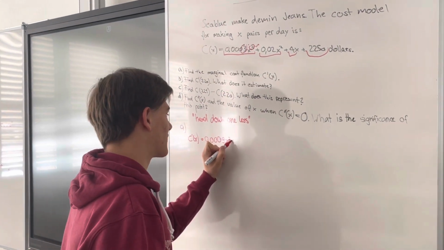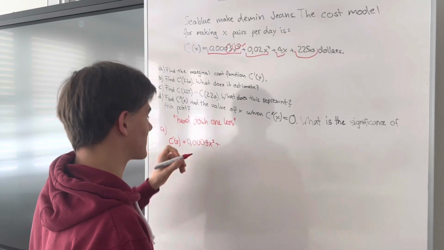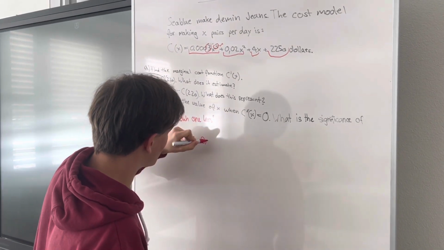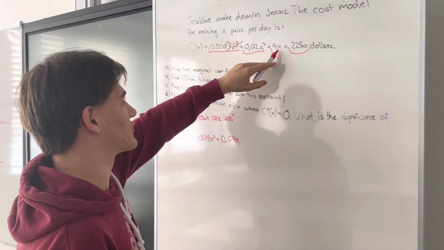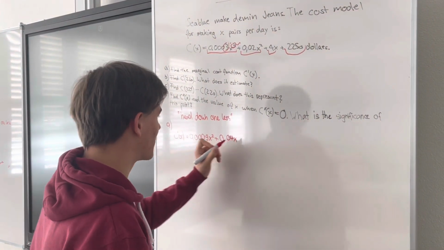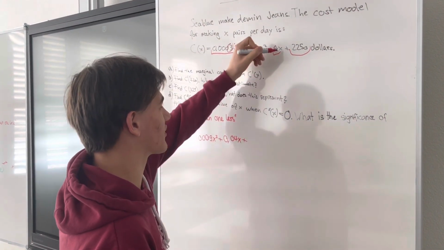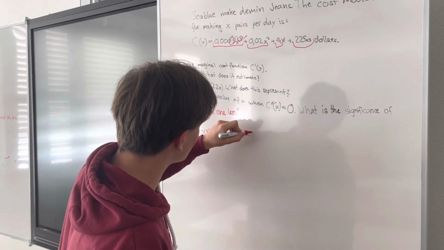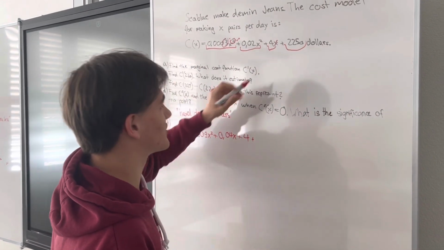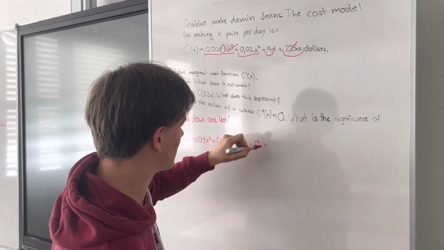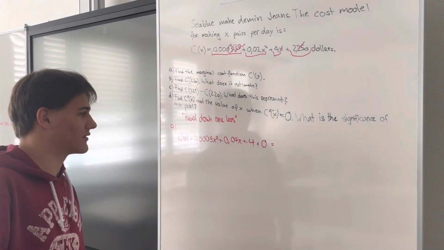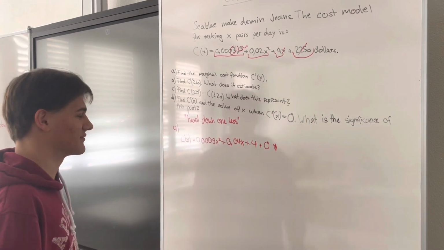And we can do this for the rest of all these, so it is 0.04x. And if it's just one x without an exponent, you can cross the x away and then it's 4. And if it's just a number, we can cross the number out. So, and then, that's our new function.